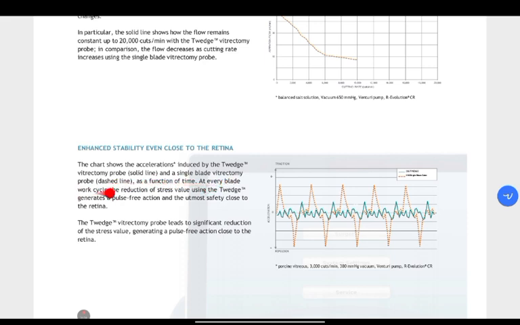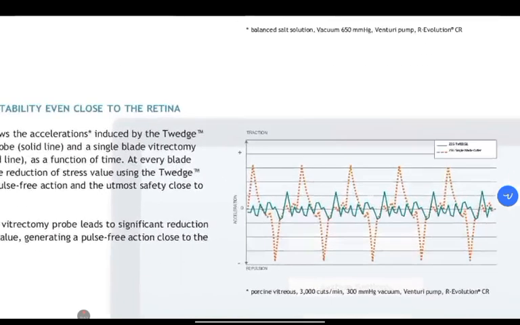At even blade work cycle, the reduction of stress value using the twitch generates a pulse-free action and the utmost safety close to the retina. The twitch vitrectomy probe leads to significant reduction of stress value, generating a pulse-free action close to retina.